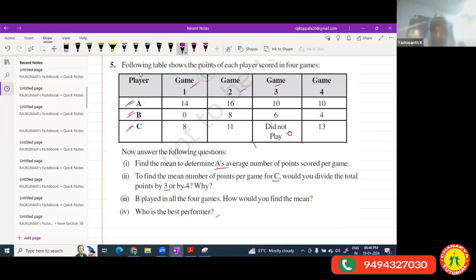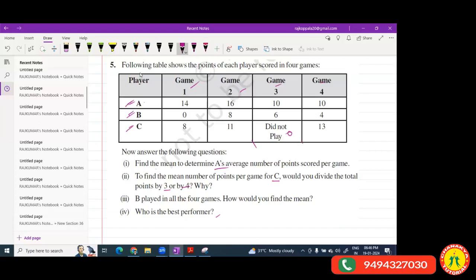Sir, the first question answer. Yeah, so you solve all the questions. I will ask anyone. First, you complete all three. Okay, Ashwin.